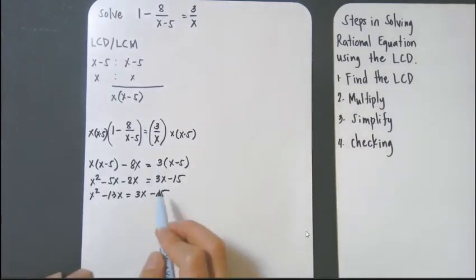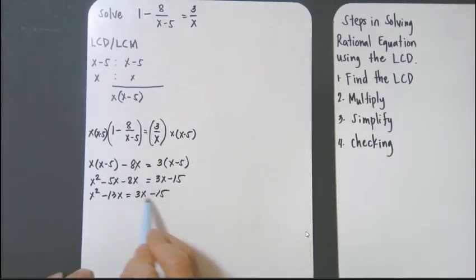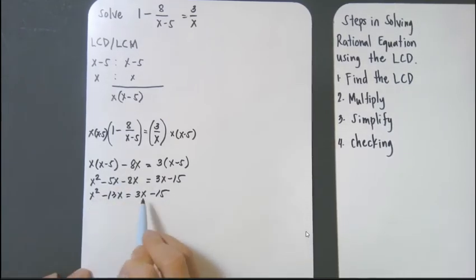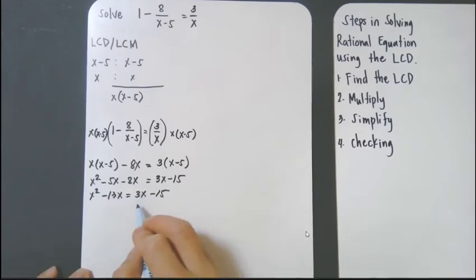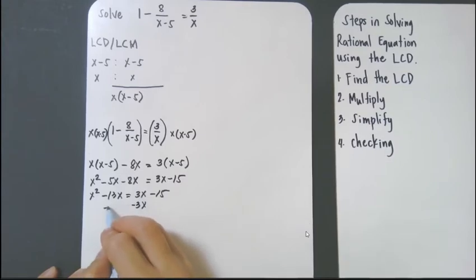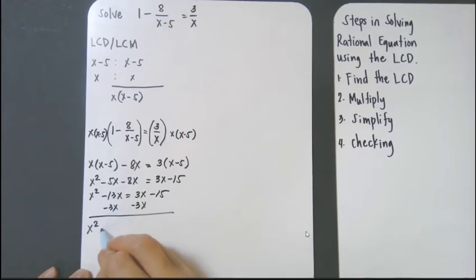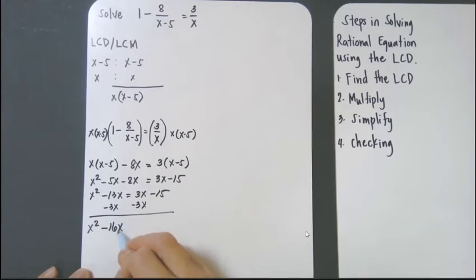So to do that, you want to transfer 3x and negative 15 to the left side. Why to the left side? Because you already have here a positive x squared. So let's transfer 3x first, by subtracting 3x on both sides. And now you'll have x squared minus 16x is equal to negative 15.